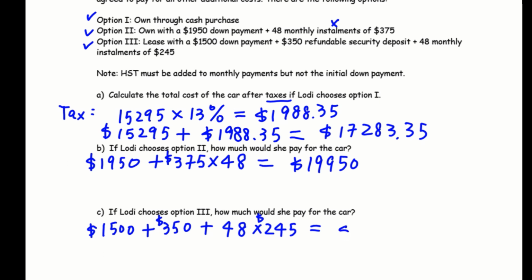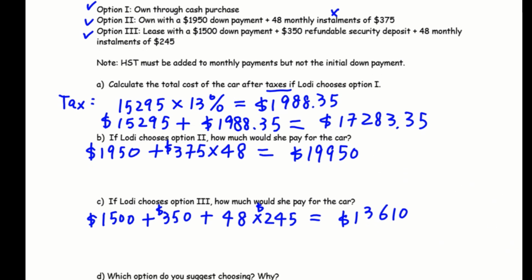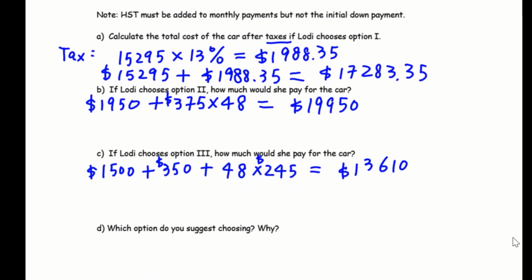Then you will see you are going to pay $13,610. So all the numbers are made up, they may not match the real situation, but here they give you some idea that from the above three options, you will see with the cash payment you pay less, and for the installment, you pay a little bit more. Lease, you pay the least, but the problem is you are not going to own the car.